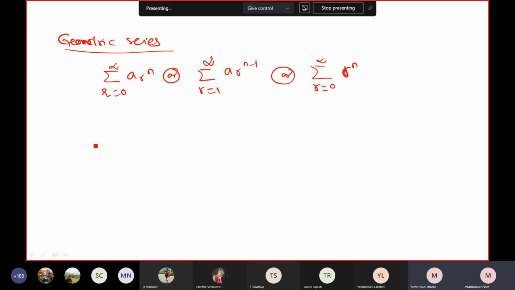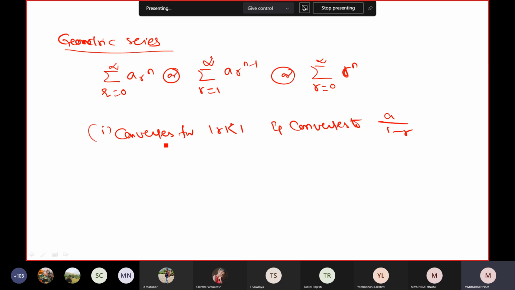Which converges for mod r less than 1, and converges to a by 1 minus r.